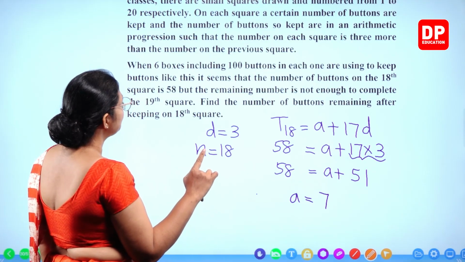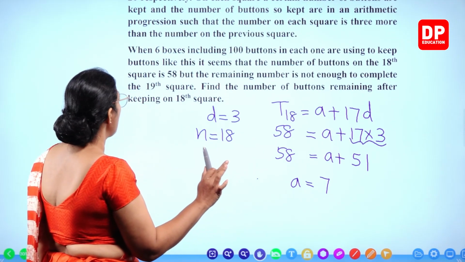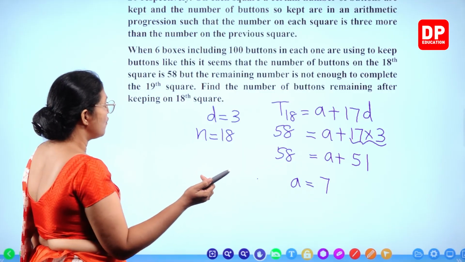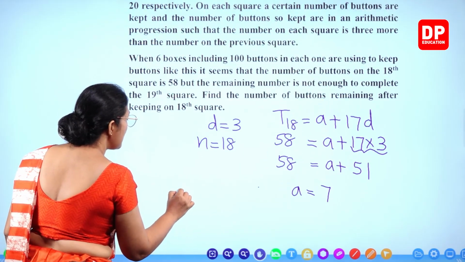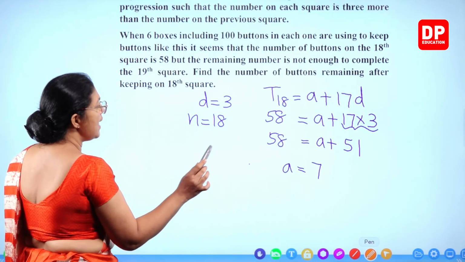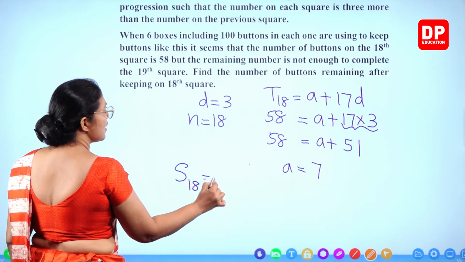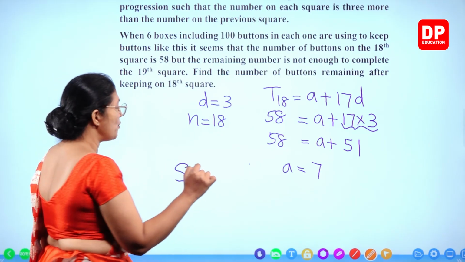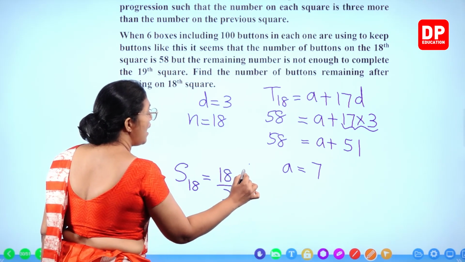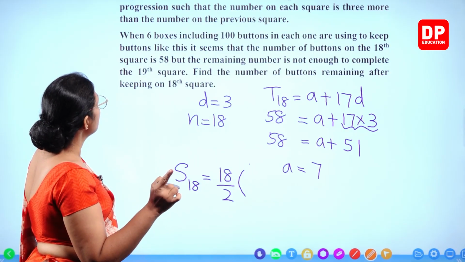And we know that they filled 18 squares. But for the 19th one, it's not enough. So what is the total number of buttons kept for all 18 squares? So that means S18. So you can use the sum formula, n over 2, and you can use the first term and the last term.